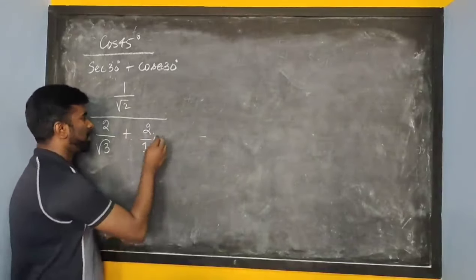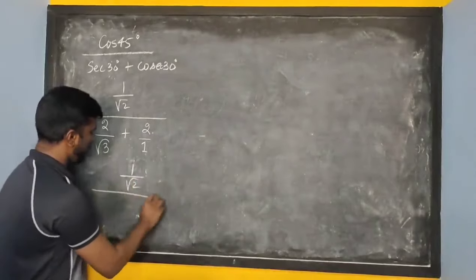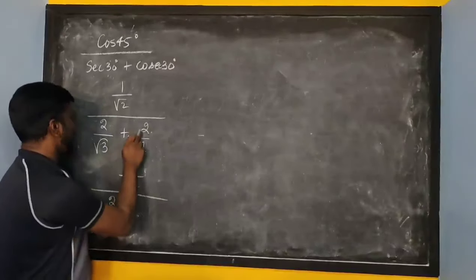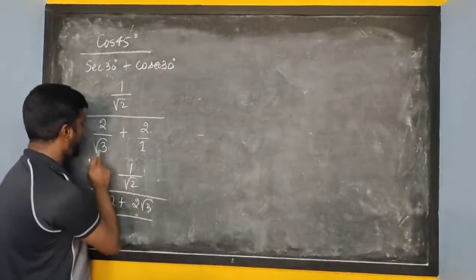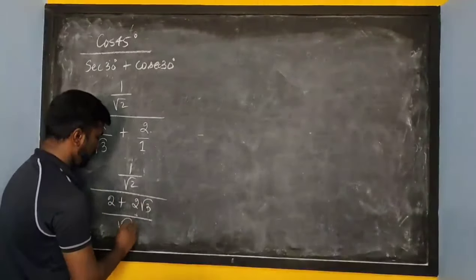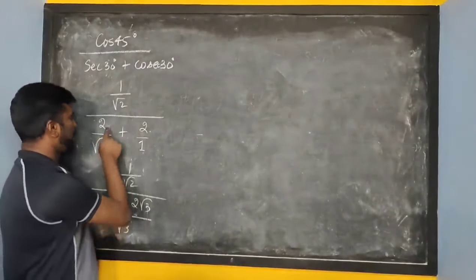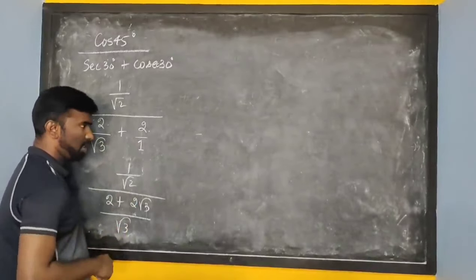A butterfly method. 1 by root 2 as it is in the denominator. Now 1 into 2 is 2 plus 2 into root 3, 2 root 3 divided by root 3 into 1 is root 3.